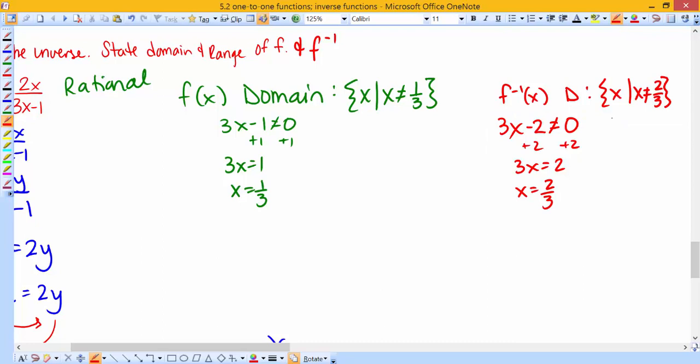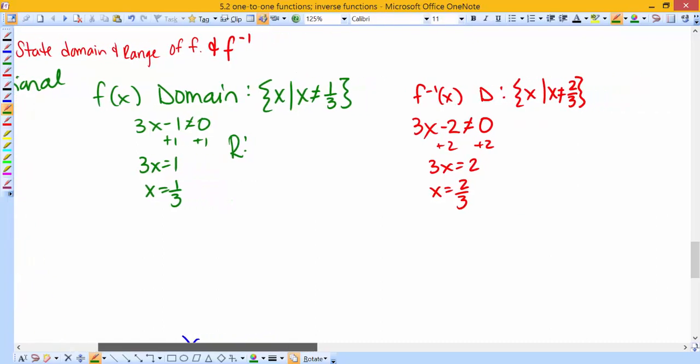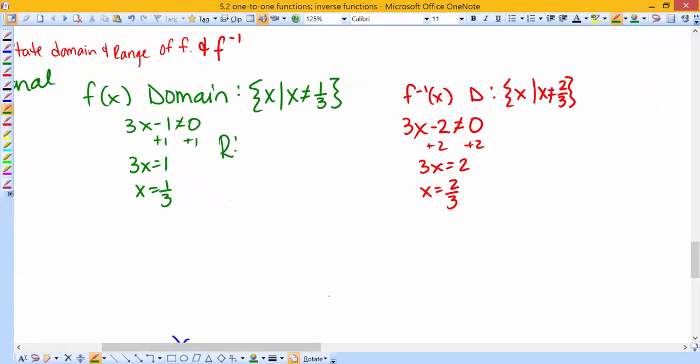Now you're really going to get to see what is meant by switching. So now I need to find the range. We need to remember the domain of f of x becomes the range of the inverse, and the domain of the inverse becomes the range of f of x because x and y switch. The domain is x, it becomes y for the other function, for its inverse.